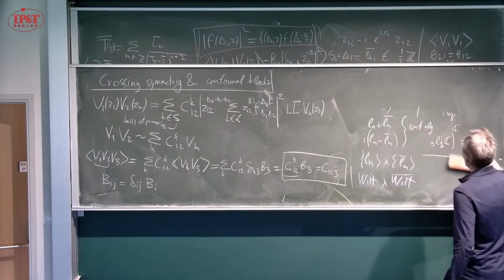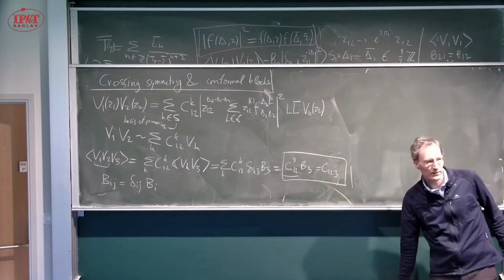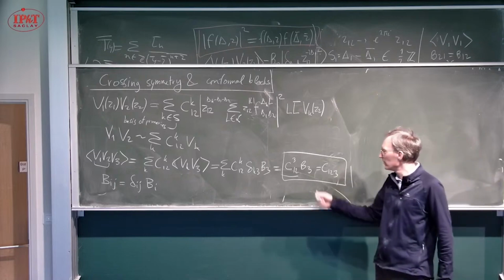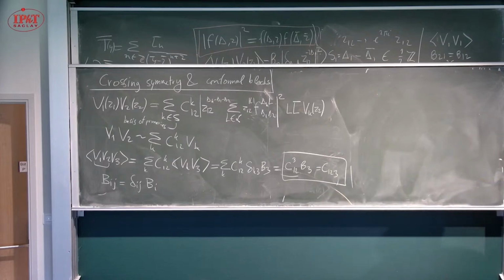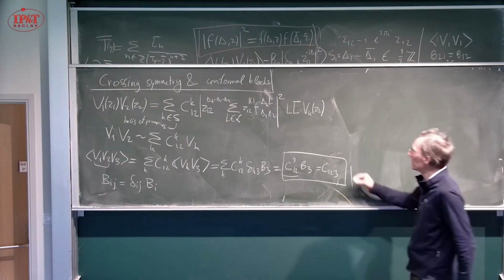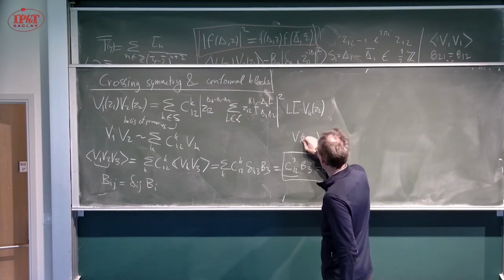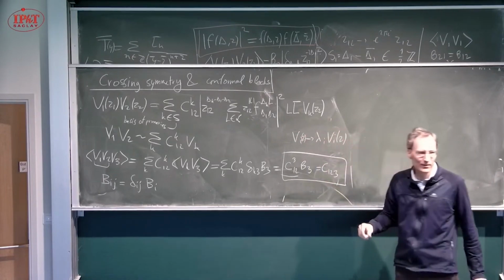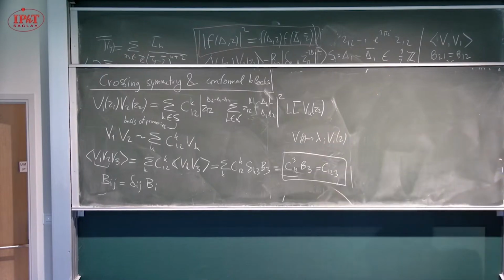You can set B_i equal to 1 by renormalization. So in many cases you could set the 2-point structure constant to 1 by a change of normalization of the field. So you can do some normalization of this type: V_i(z) goes to some lambda_i V_i(z), and if you do it, you can eliminate B. So I'm keeping B actually to make things simpler.